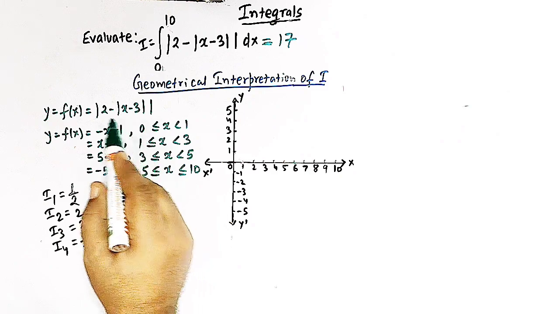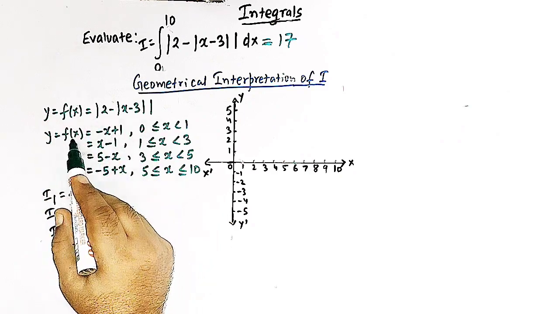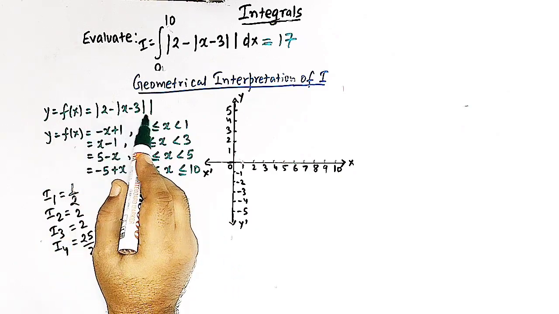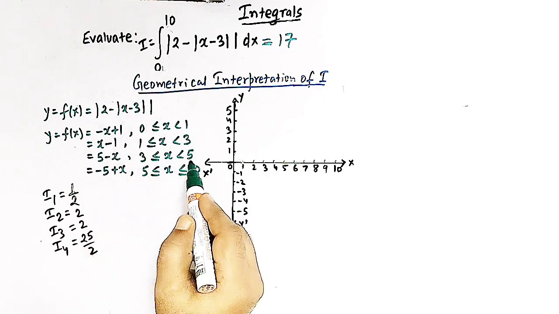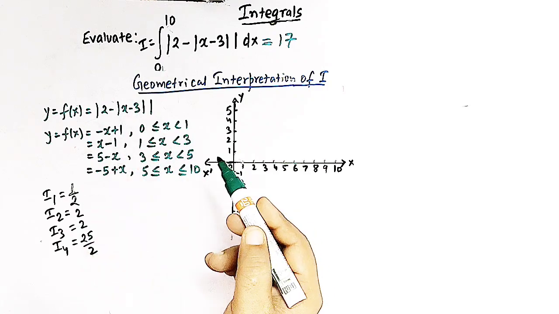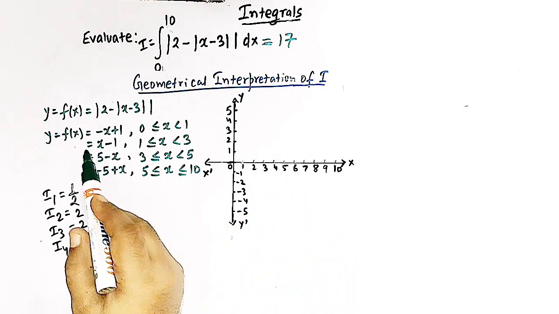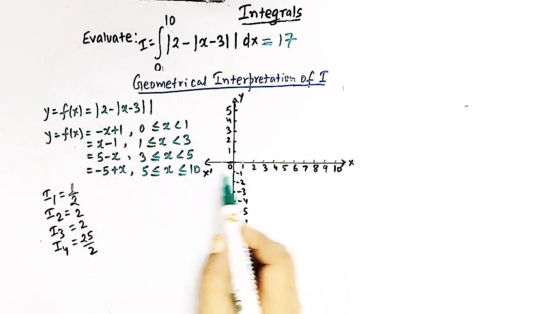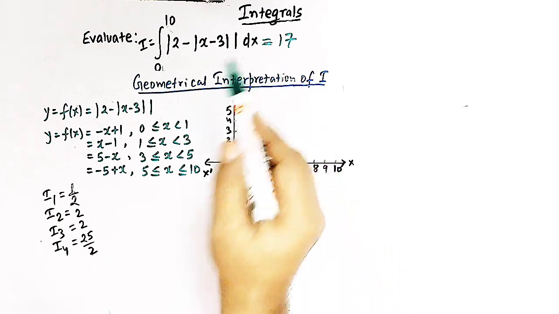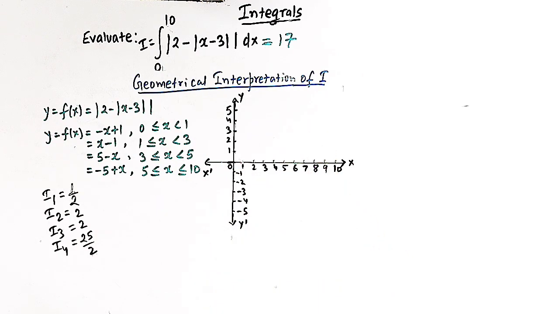And if we plot the graph of this function f of x, which is given by mod of 2 minus mod of x minus 3 in these four intervals, then we'll verify that the area bounded by this function with x-axis is equal to 17 square units.